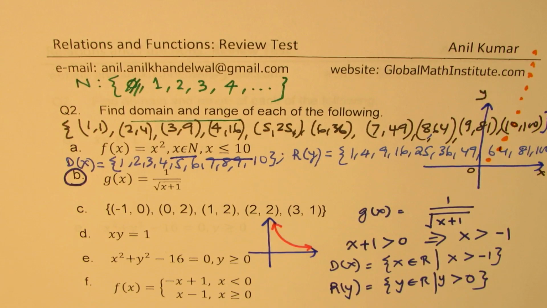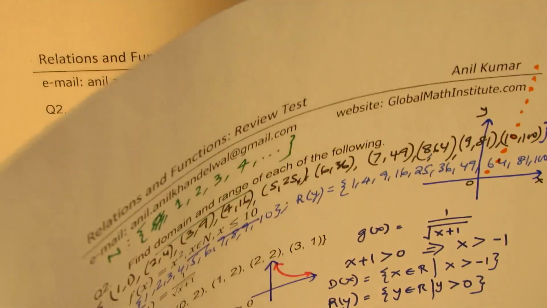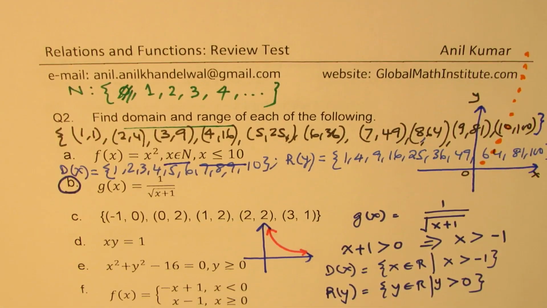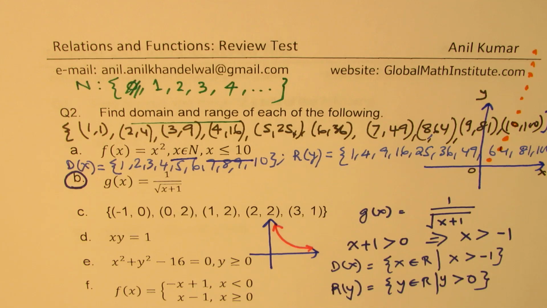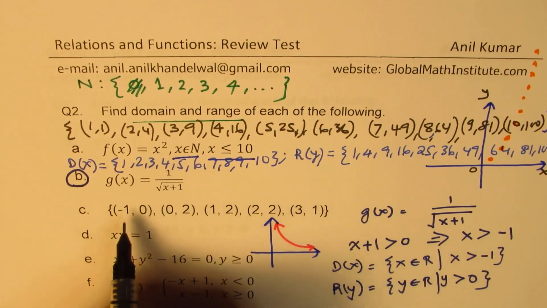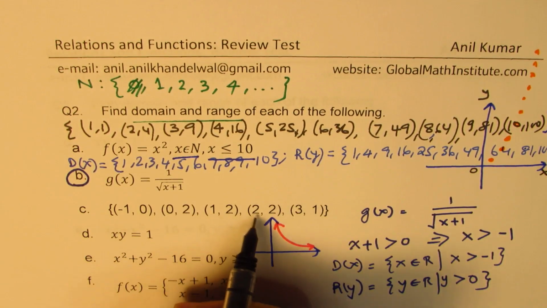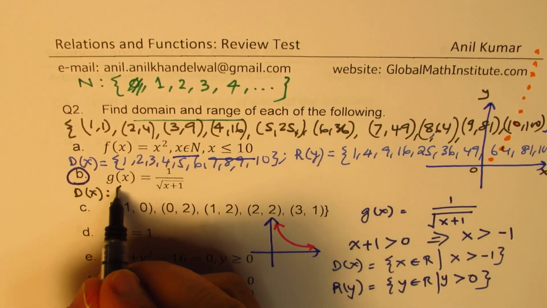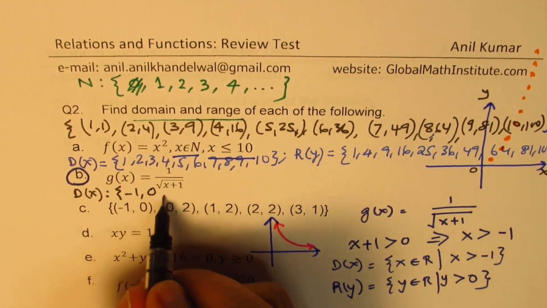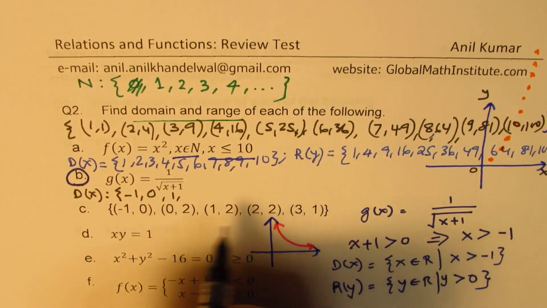Let's move on and take up part C. Okay, we'll take part C here itself since I didn't write it there. In part C, we are given the set of values as coordinate points. How do we write domain and range for this particular function? Now, these values are the x values which form the domain. So we can write the domain of this function as equal to minus 1, 0, 1, 2, and 3.